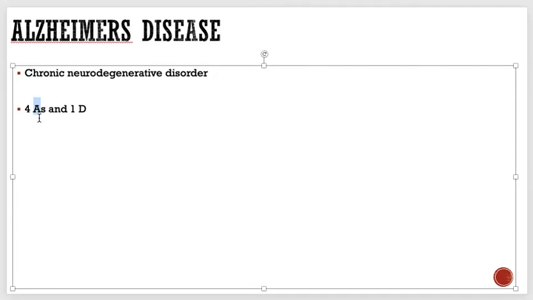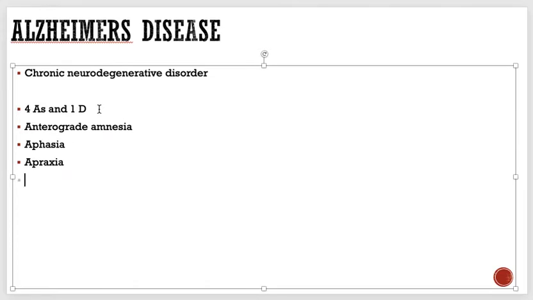But rather, I would like to write it over here, just to make you guys remember. The first A is anterograde amnesia. Second A is aphasia. Third A is apraxia.